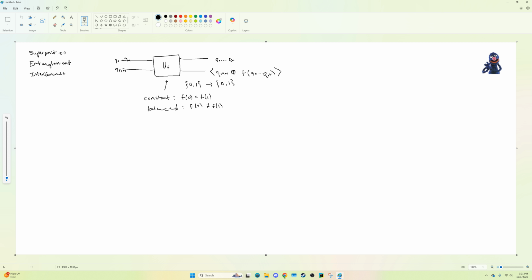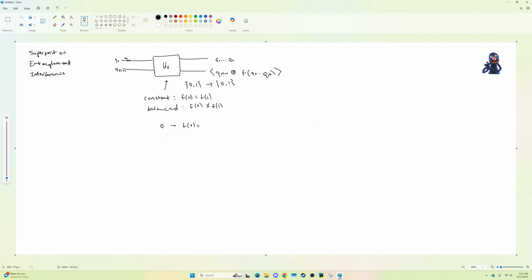Okay, so traditionally to solve something like this, we'll think about a classical query as a comparison to a quantum query, just so you can really understand where the power comes from. How would you typically query a function like this? Well, you would first query a 0, and you're going to get f of 0 equals something.